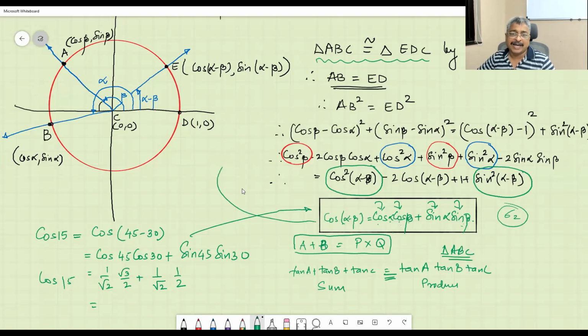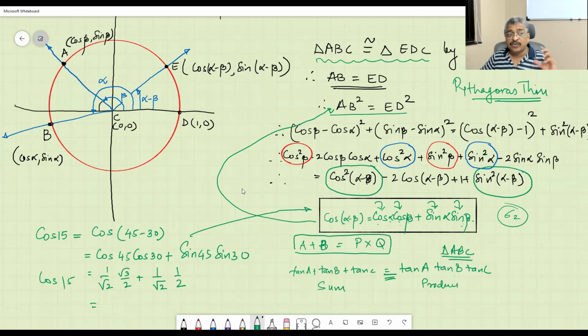And this again goes back to AB square is equal to AD square, the distance formula in two-dimensional geometry. And this again goes back to Pythagoras theorem, because distance formula is Pythagoras theorem. So that is why this entire chain is important. That is why understanding everything right from the scratch is important.